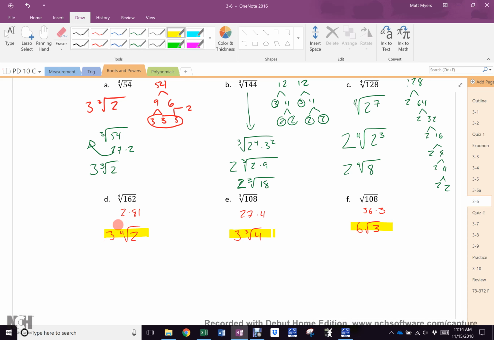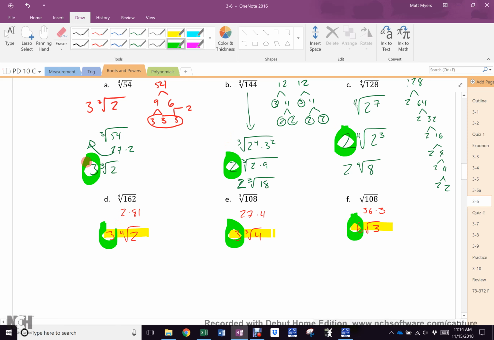Everyone's cool? All right. Now, hopefully you are noticing something. What numbers are consistently showing up out here? 2s and 3s, right? Because how often do I have a power of 2 or 3 under the radical sign? Very often, yes? So what allows me to see some of this better?